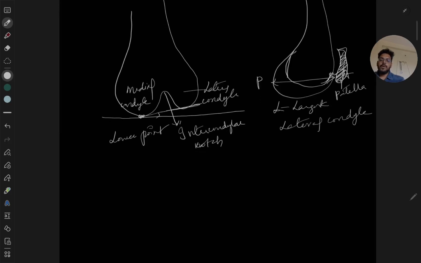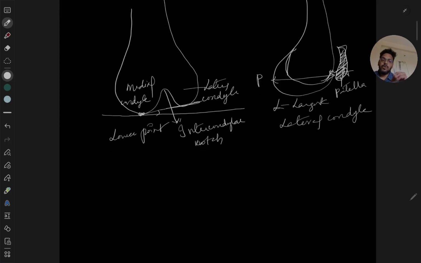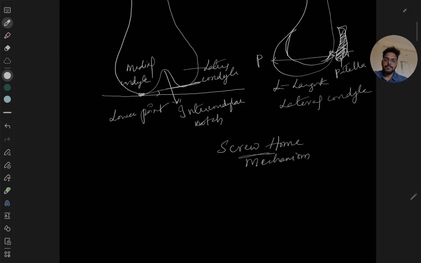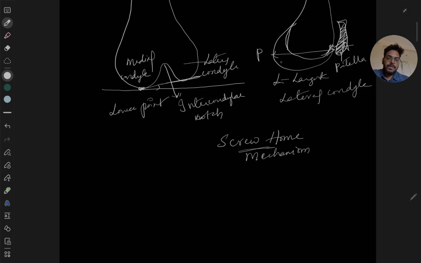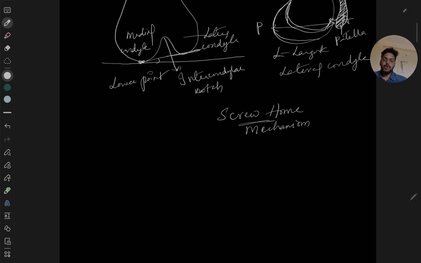Why I am telling you these points is so you remember the screw home mechanism. Because of this one large condyle and one short condyle, there are 2 arcs of motion. The lateral condyle has the larger arc and the medial condyle has the smaller arc.